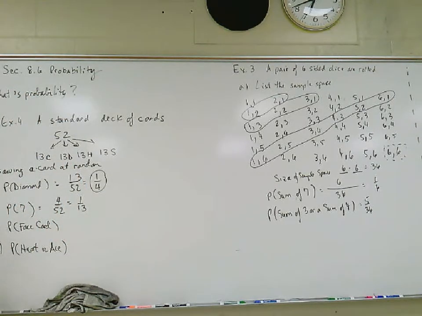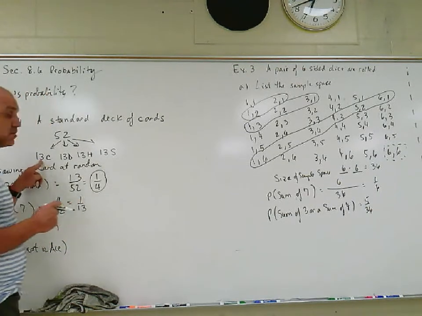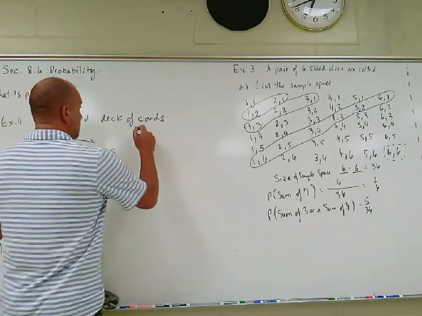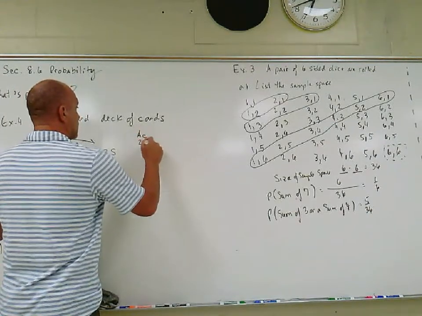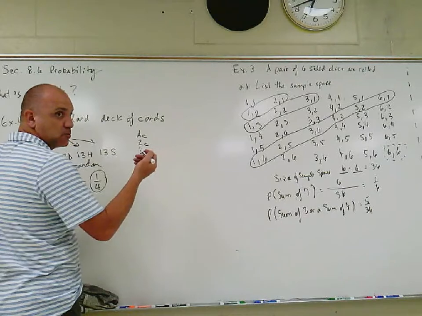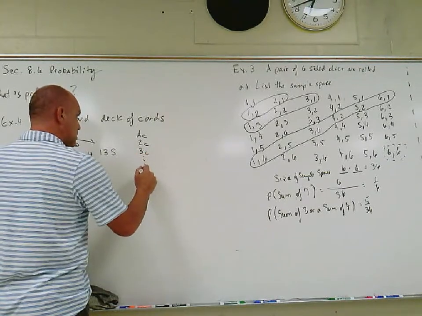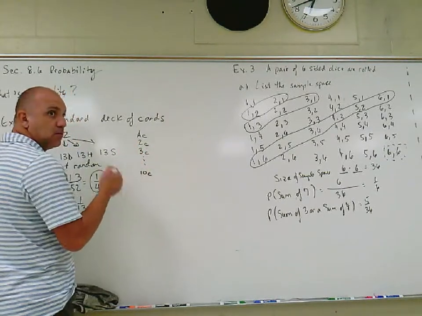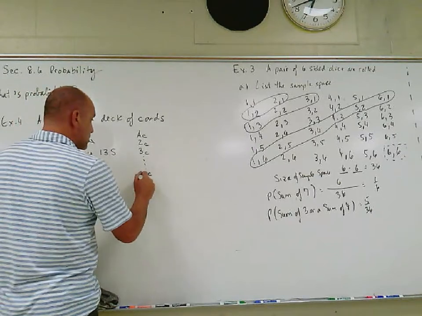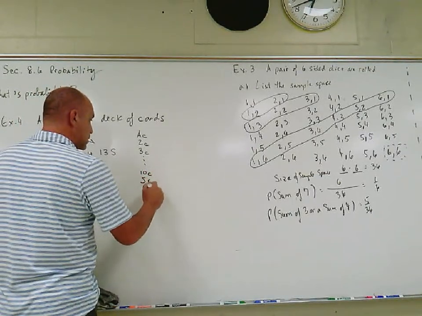Probability of a face card. How many face cards are there in a deck of cards? There's not 52 face cards. Yes. So it's okay. Let's think. So just think about the clubs. You got ace of clubs, 2 of clubs, 3 of clubs. None of those are face cards. Dot, dot, dot, all the way to 10 of clubs. What is a face card? Got a face on it. Jack, queen, king.